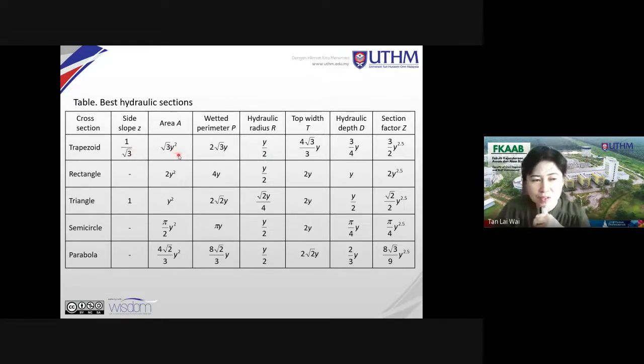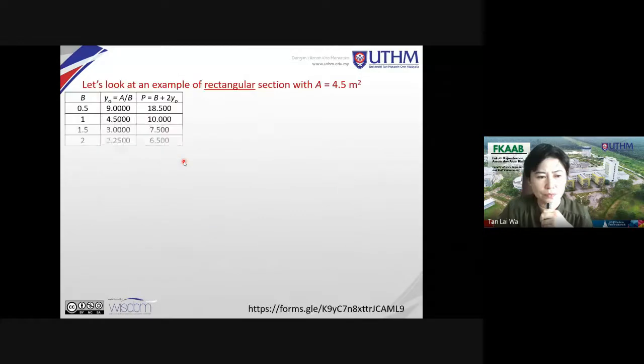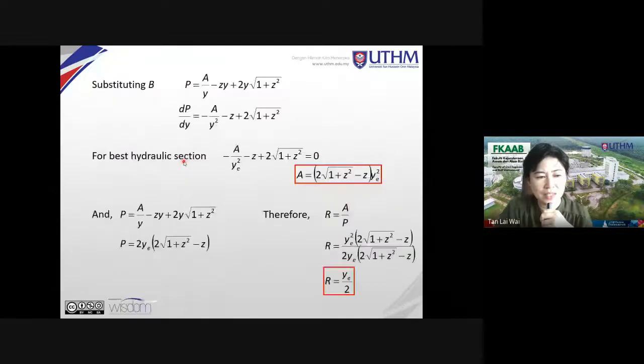So if you ask me whether you need to memorize this formula, I would say either you memorize it or you go through the process of differentiating dP over dy and setting it equal to 0.